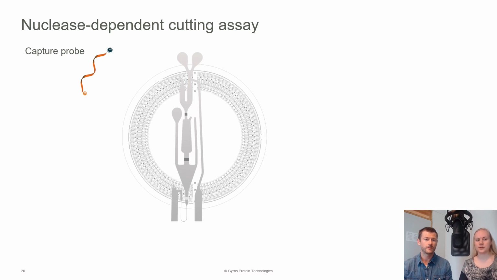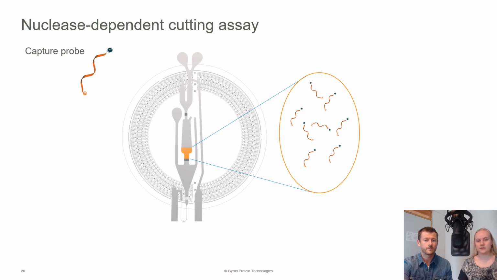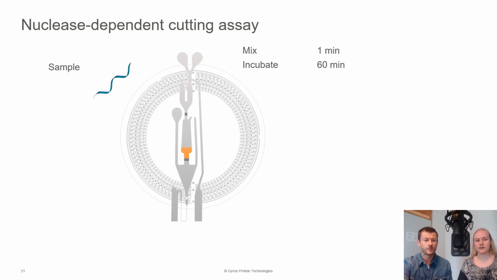In this case, you would add the full-length capture probe to the mixing CD, which would then go through the volume-defining chamber and down to the mixing chamber. And then you would add the analyte, which would hybridize with the full-length probe in the mixing chamber.